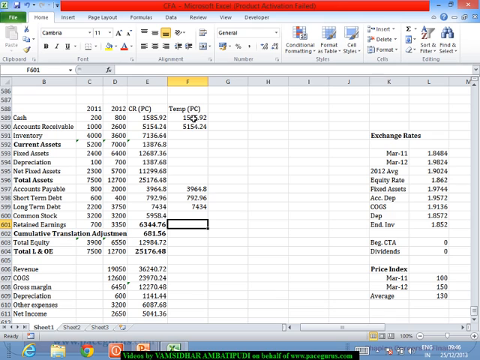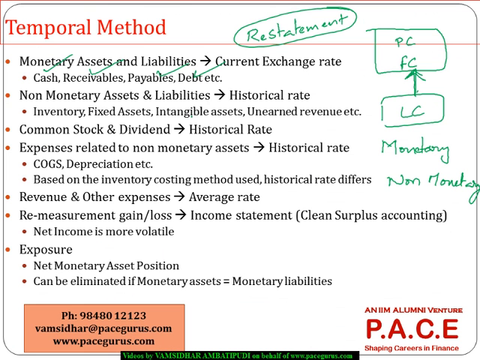As far as the monetary assets and liabilities are concerned, there is no difference between the current rate method and the temporal method, because in both cases the exchange is happening at the current exchange rate itself.